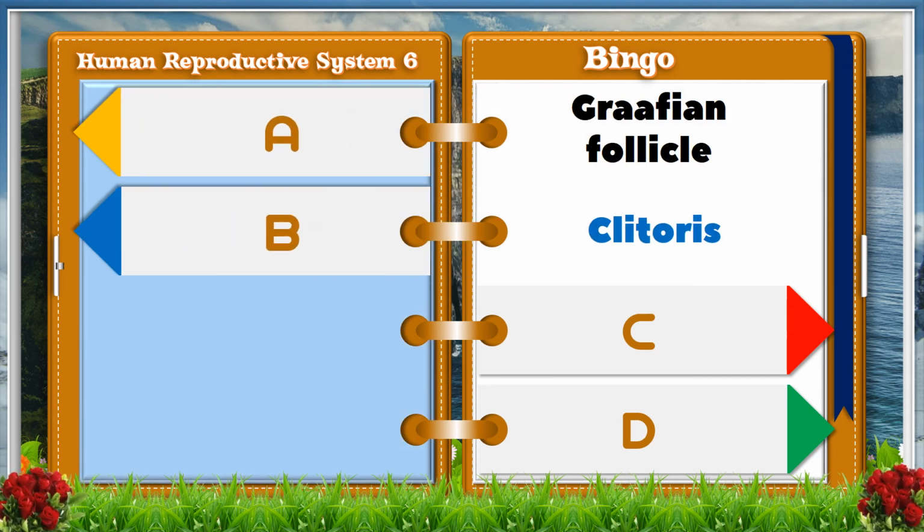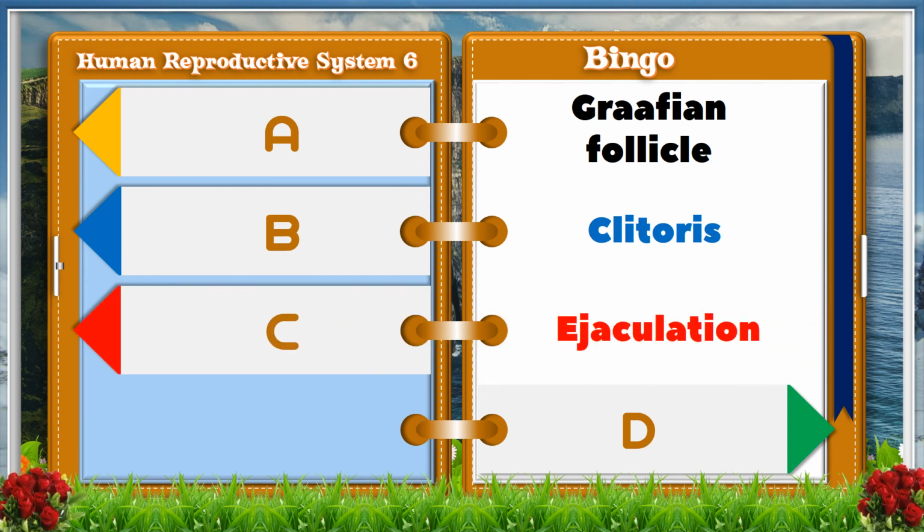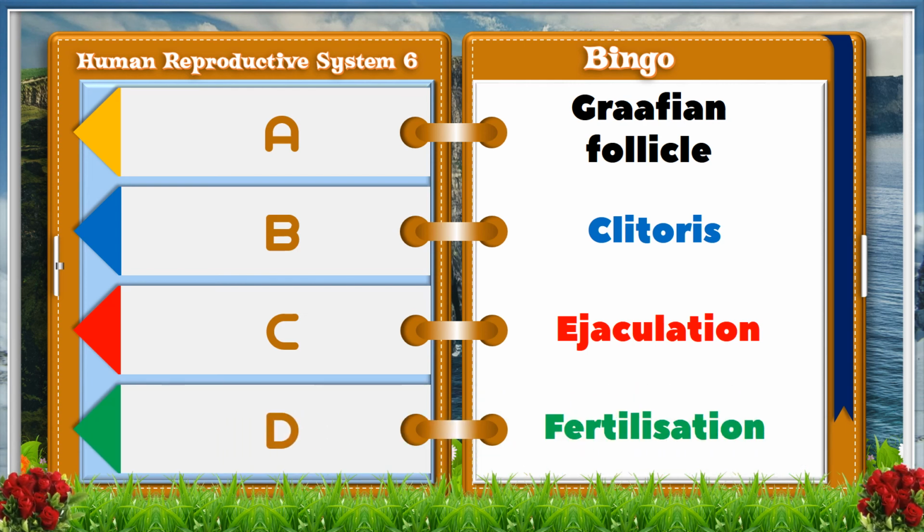B. Clitoris. C. Ejaculation. D. Fertilization. And the answer is D. Fertilization.